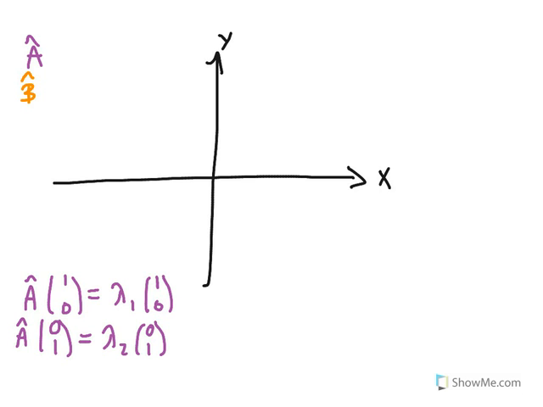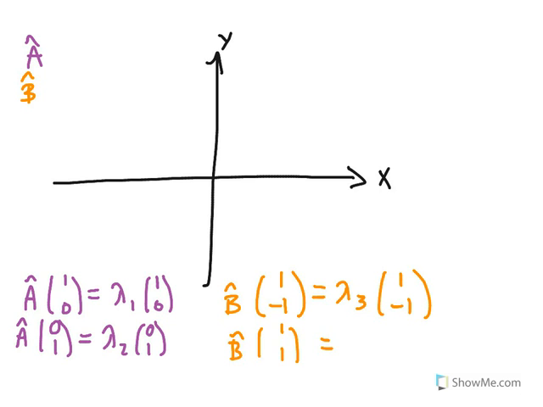Now let's do the same thing with B, but let's give it some different eigenvectors. So let's say B times (1, -1) is equal to lambda 3 times (1, -1), and B times (1, 1) is equal to lambda 4 times (1, 1).